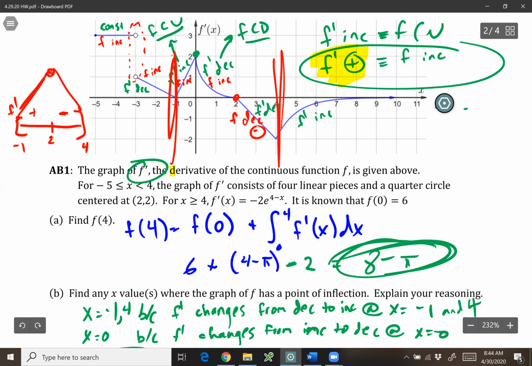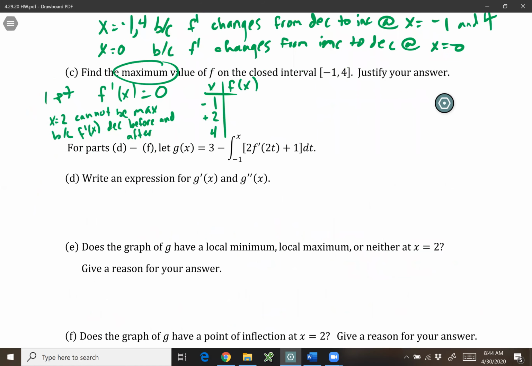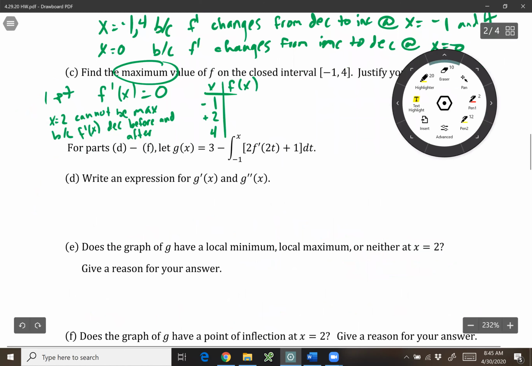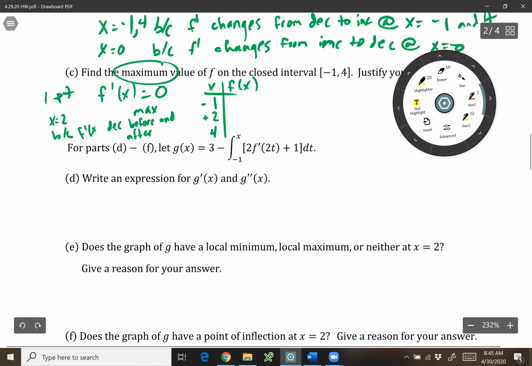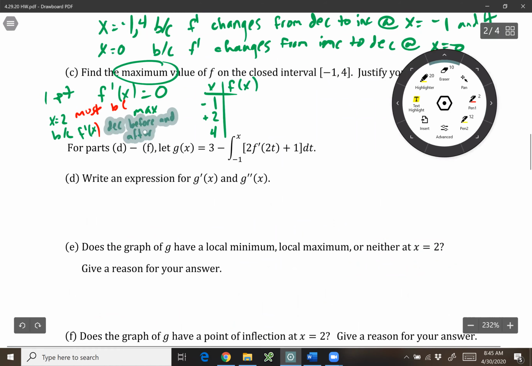So based on this number line, I was saying it backwards. 2 has to be our maximum. So I said cannot be our maximum, it's actually that x equals 2 must be the max.